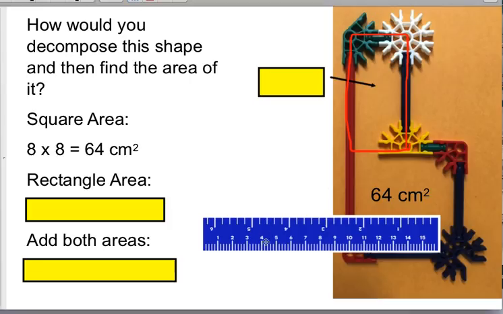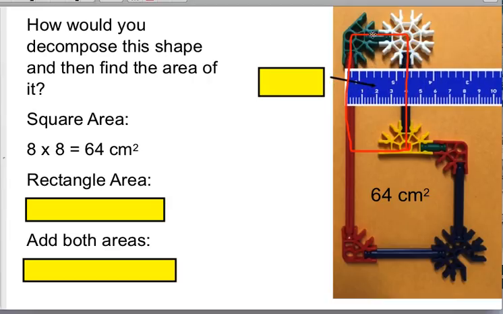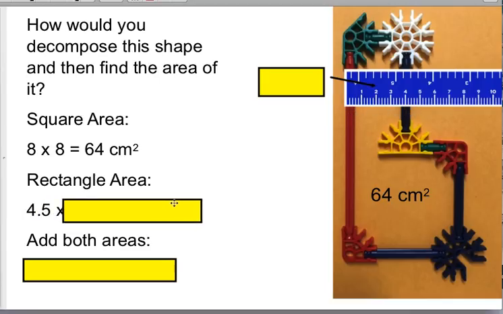If I measure across from the red rod to the blue rod, I'll get rid of those lines to make it clearer, I will have approximately 4 centimeters. Now, it's not really 4. I could hedge it one way or another, and if I get more accurate here, I might say my rectangle has a length of approximately 4.5 centimeters.